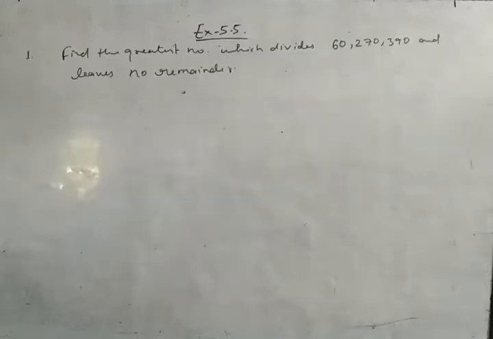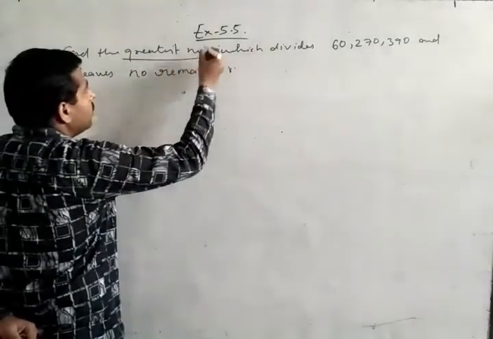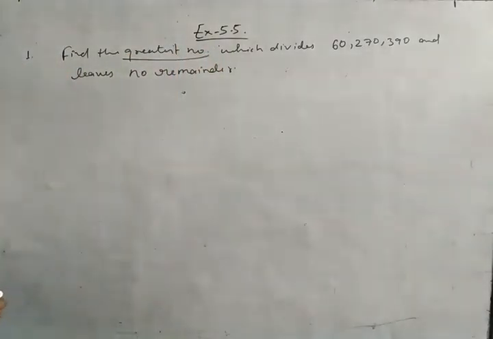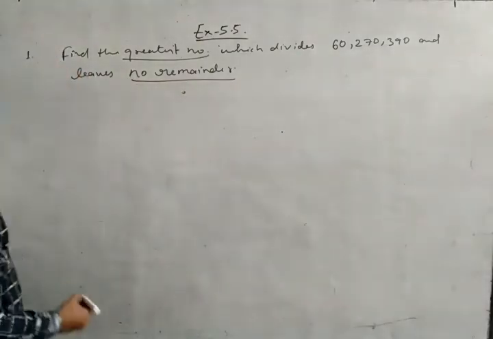Now, question number 1 says find the greatest number which divides 60, 270 and 390 and leaves no remainder. Means you have to find the greatest number, and the second key phrase is no remainder.